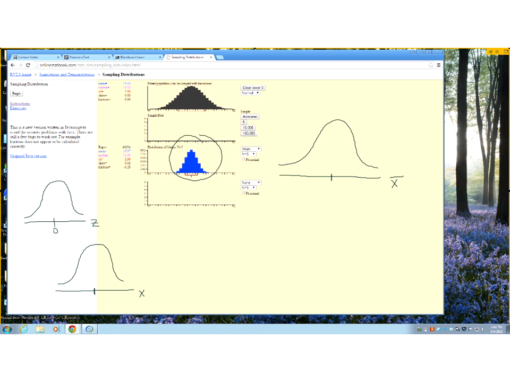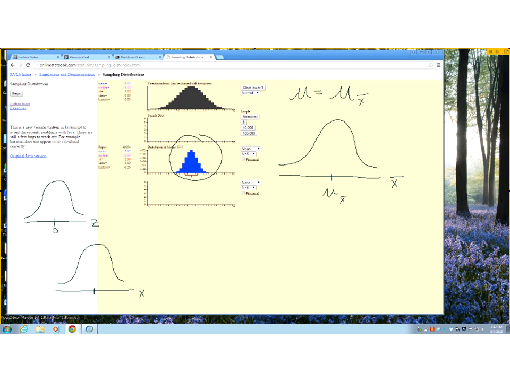How are the sample means distributed? Okay, so your horizontal axis represents not data values, but the means of all your samples. And so what the previous section told us is that the mean of our population is equal to the mean of our sample means. And that is what we see in the middle.